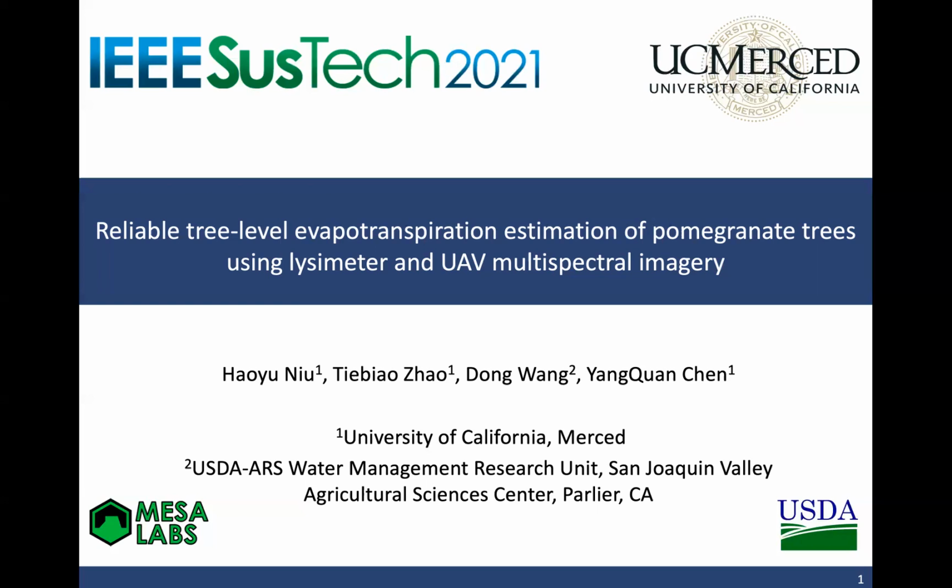The accurate estimation and mapping of ET are essential for crop water management. However, little ET estimation has been studied at the single tree level or individual tree level. Thus, the purpose of this study was to develop a reliable tree-level ET estimation method using UAV high-resolution multispectral images.